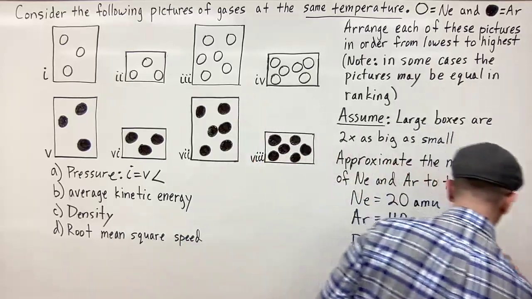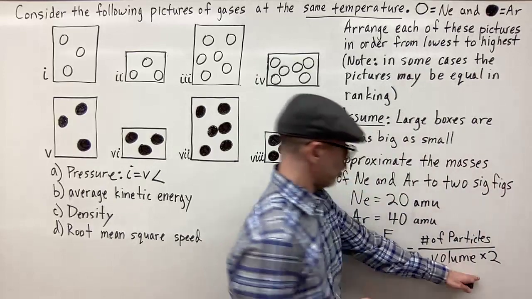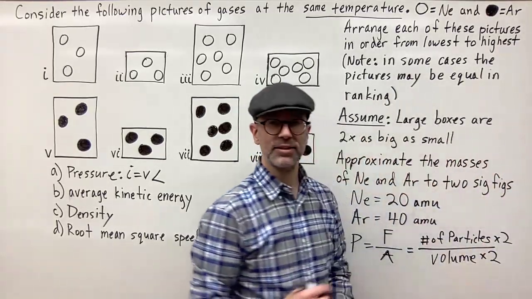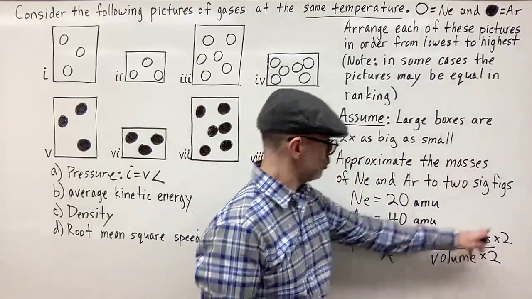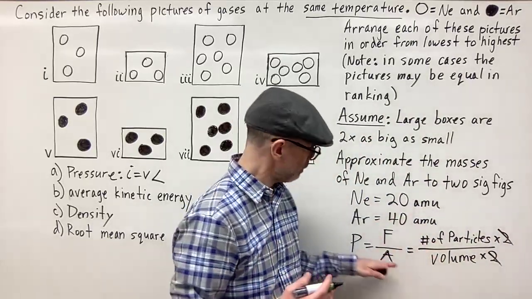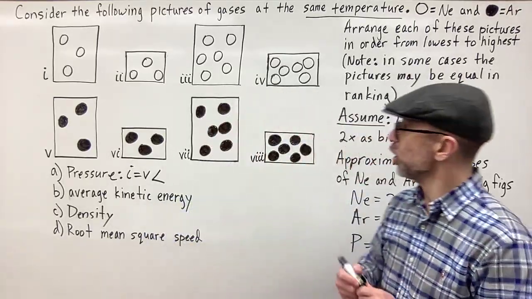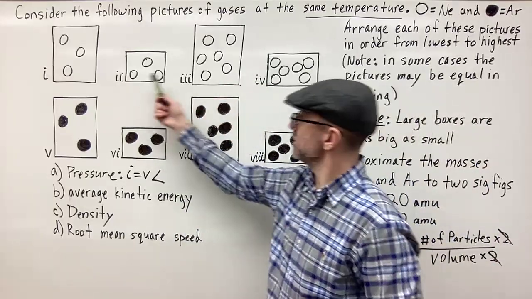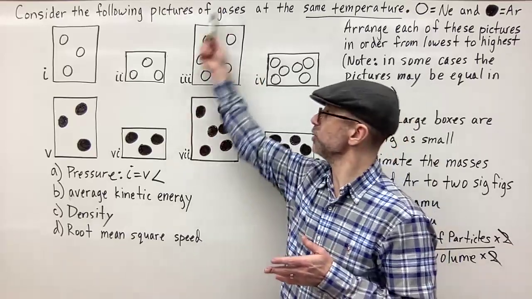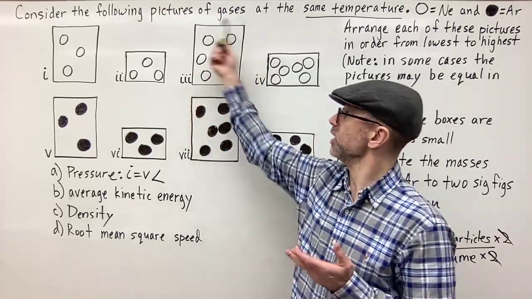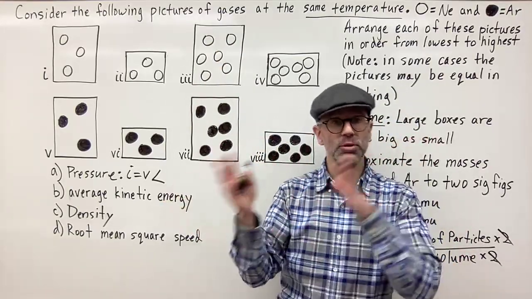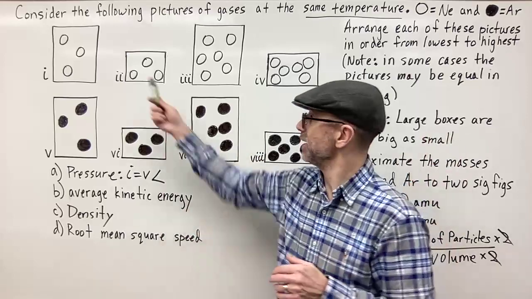So if we multiply the volume by 2, and we multiply the particles by 2, then notice what happens to the 2 and 2. They cancel out, which means that you have the same pressure as before. So this box is going to have the same pressure as this one because at the same time we doubled the volume, but we also doubled the number of particles. So the pressure stays the same. So the ratio of volume to particles is the same as for these 2.